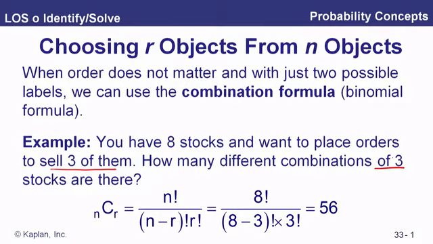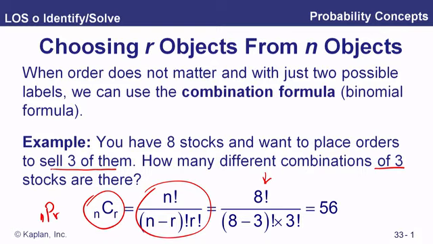Now, here's the formula for it right here, and here's an application of it with 8 and 3. We're really answering the question: how many different groups of 3 can we pull from 8? Now, if you're using the Texas Instruments BA II Plus calculator, there's actually a function on there, and there's also one in PR for permutations.